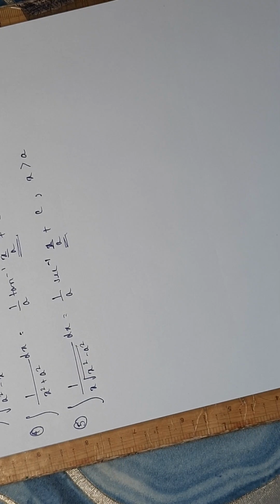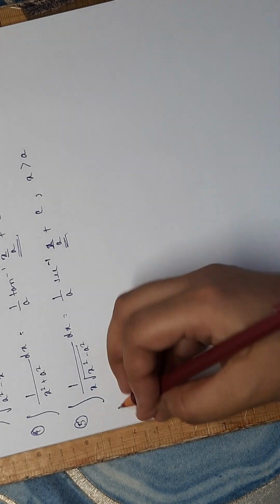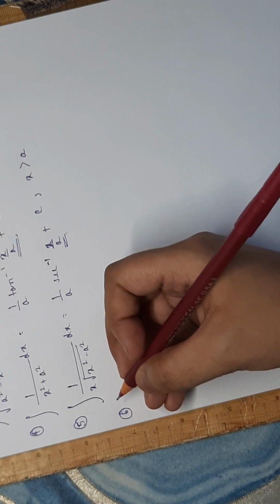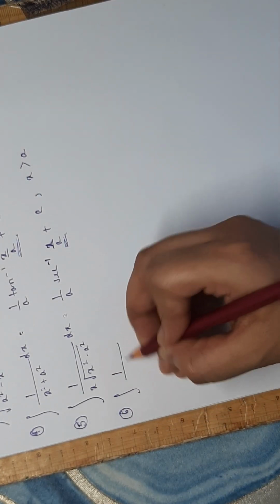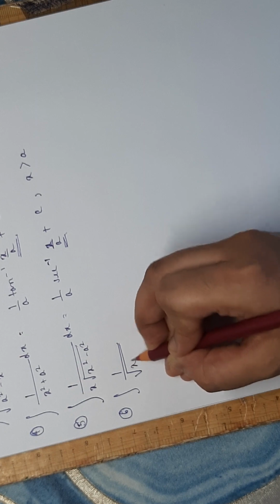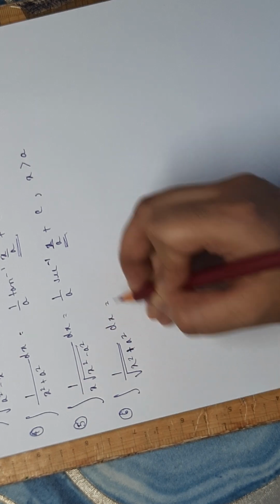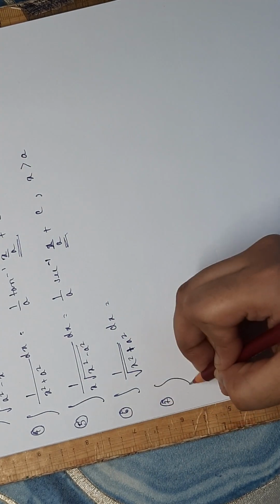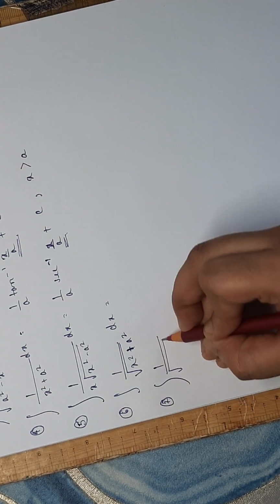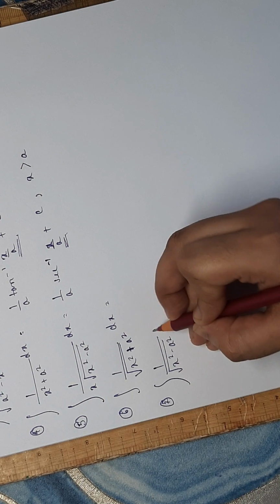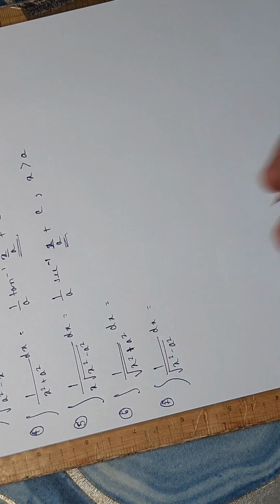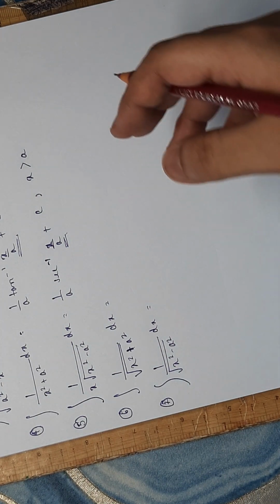Now the last 2 formulas are also very relatable, because they are based on log directly. So we have 1 by root over of x square plus a square into dx, and in the 7th and last formula we have 1 by root over of x square minus a square into dx. So what is the formula that we will be having here?